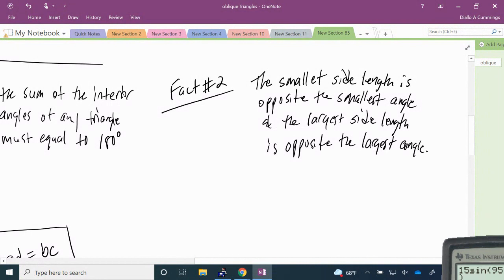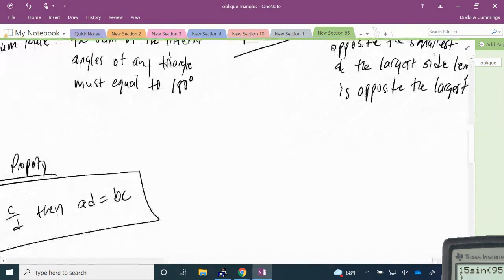All right, so it says that the smallest side length is opposite the smallest angle, and the largest side length is opposite the largest angle. So let's take a look at that.